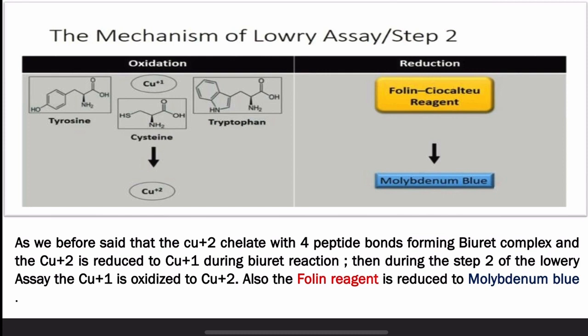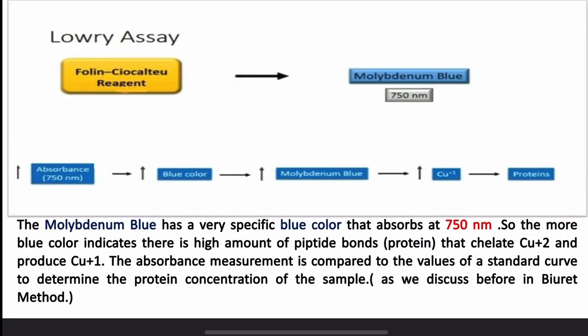As we said before, the copper is chelated with four peptide bonds forming the Biuret complex, which has a specific violet color, and the copper is reduced to cuprous. Then during the second step of the Lowry assay, the cuprous is oxidized to copper again. Also, the Folin reagent is reduced to molybdenum blue. The molybdenum blue has a specific blue color that absorbs at 750 nanometer.